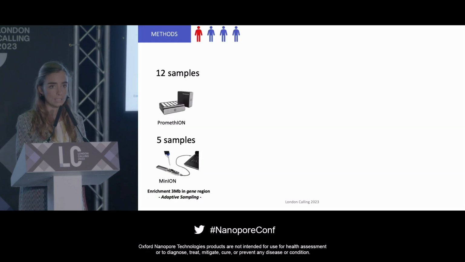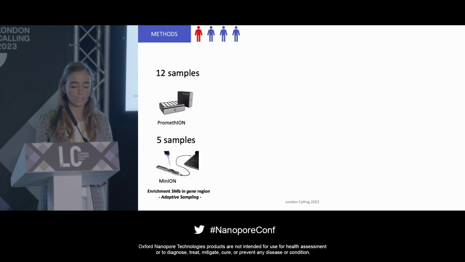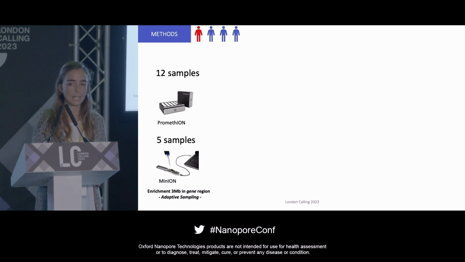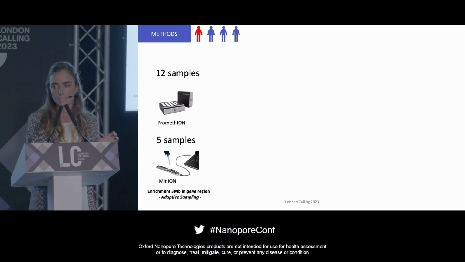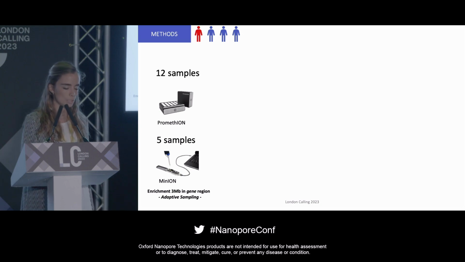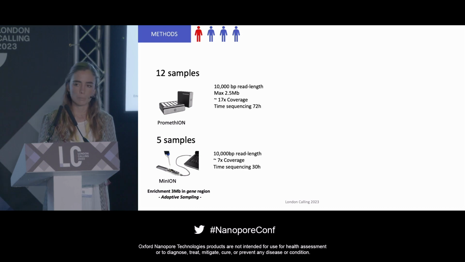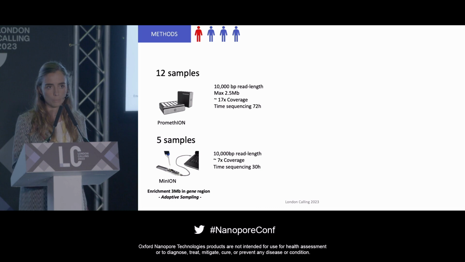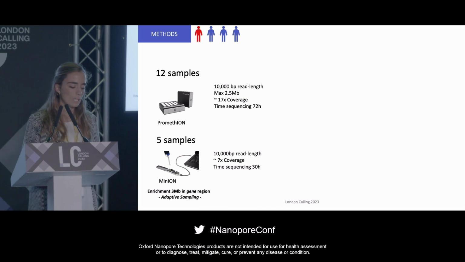We conducted this study using 2 different approaches. We did a study with the PromethION for 12 samples, and as we had selected samples with candidate genes, we could perform nanopore sequencing in the MinION device using adaptive sampling of the target that we were going to study. Here I show you some metrics about the runs. We obtained a mean read length of 10,000 base pairs in both techniques, PromethION and MinION.